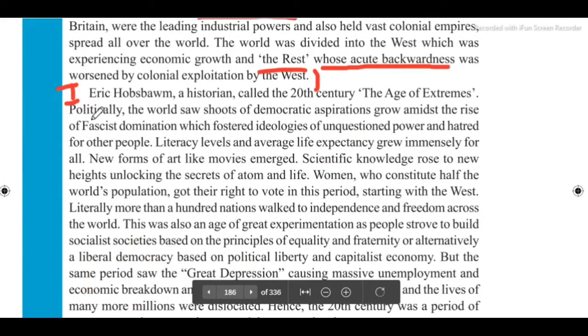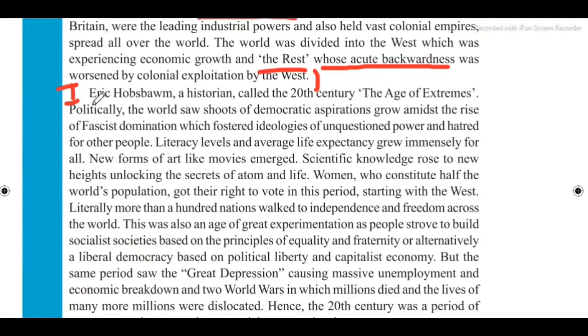Coming to part 1, Eric Hobsbawm. I am going to divide the entire paragraph into points so that it will be very easy for the students to prepare for the examination. Eric Hobsbawm, a famous historian, he belongs to the 20th century.